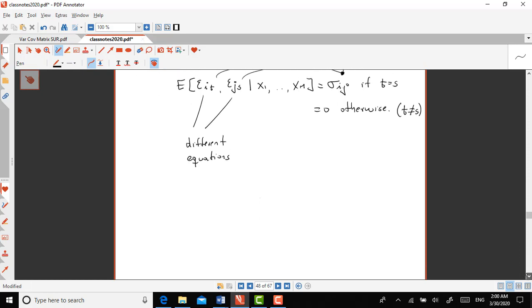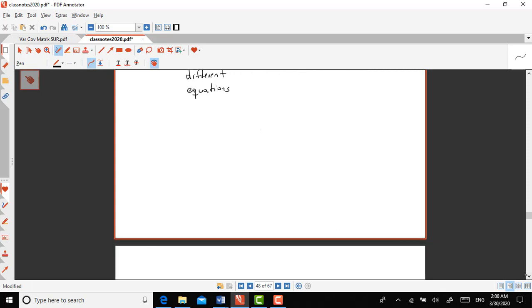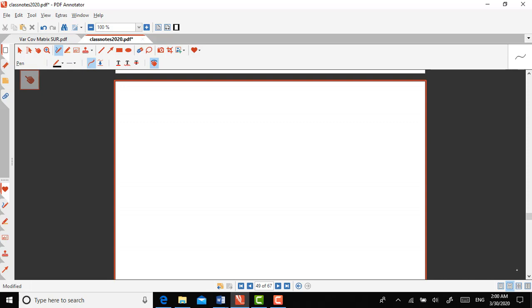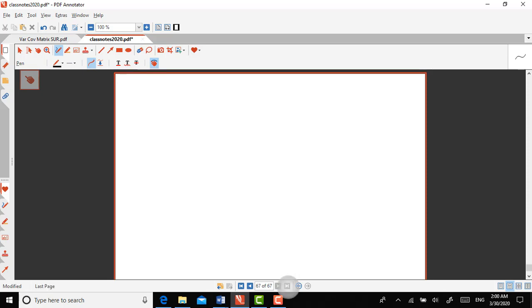Let's see if I can give you more intuition if I write the actual structure of the variance covariance matrix for all of the equations in the system. So let's look at E E prime.